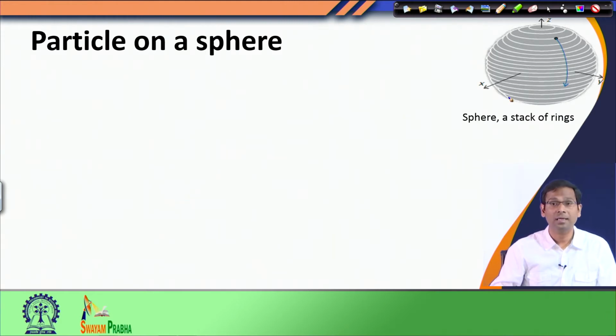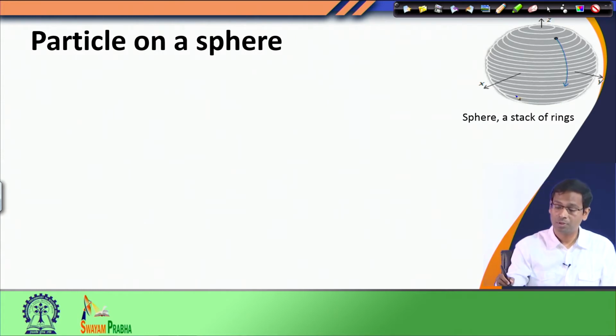But in the particle in a sphere problem, not only can the particle go around the xy plane, as in the ring, but now the particle can also move from one ring to another ring. That means, in this case, we have all three Cartesian axes x, y and z, all three operational or active.